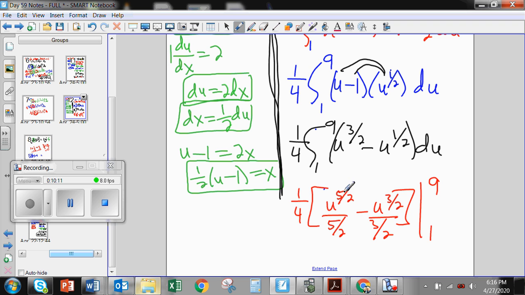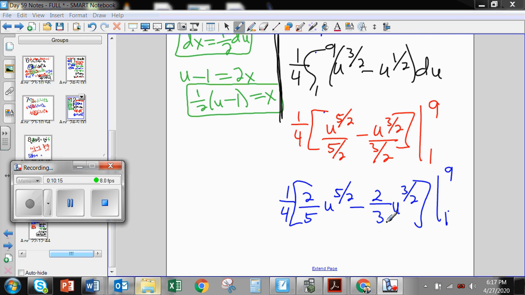Okay, well let's first simplify this. So hopefully we see dividing by 5/2 is the same as multiplying by 2/5. Whether you jump right to this step is fine, but you just have to pay attention to whether I was dividing by a fraction, or did I already do it?